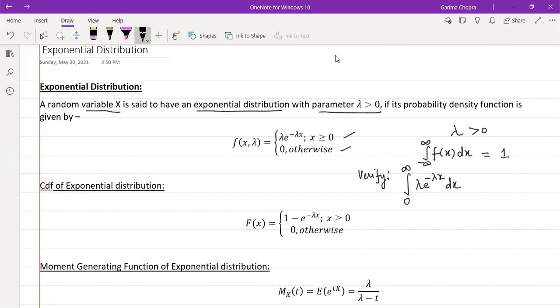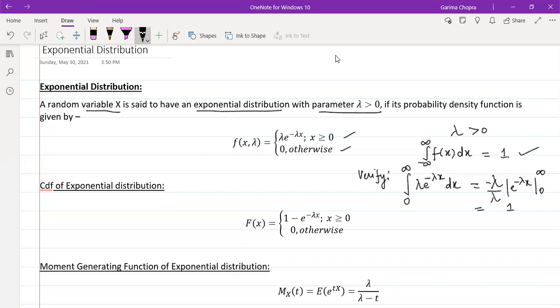And we can very easily integrate it. It is lambda, and in the denominator we will have minus lambda when integrating, and we take the limit from 0 to infinity. When we take this limit, it comes as 1. So this verifies the property of the probability density function, that if we integrate our probability density function within the limits minus infinity to infinity, then we always get 1.